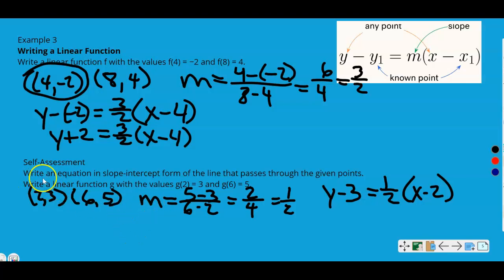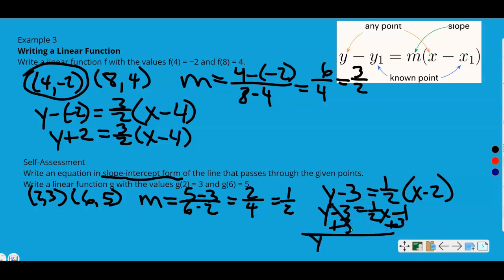Correction here, it says write an equation in slope-intercept form. So I need to be careful and read. So I put it in point-slope form. So we do have to finish this out by distributing. So y minus 3 equals 1/2 x. 1/2 of negative 2 is negative 1, and then add 3. I almost stopped too early.